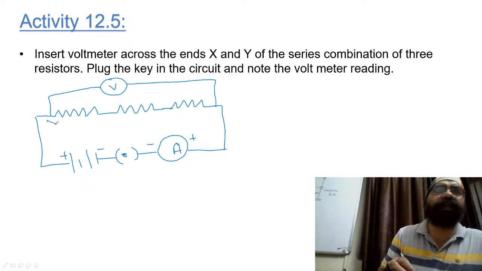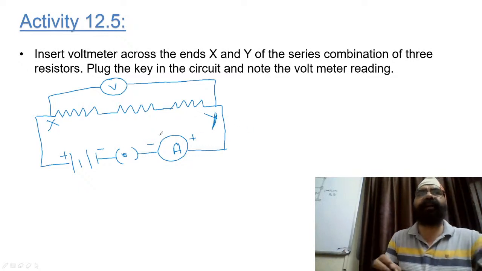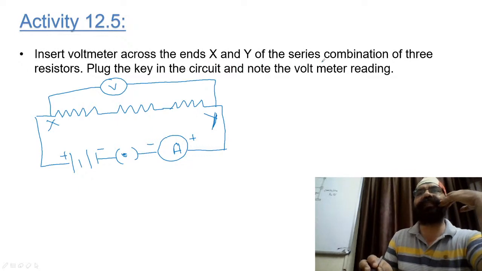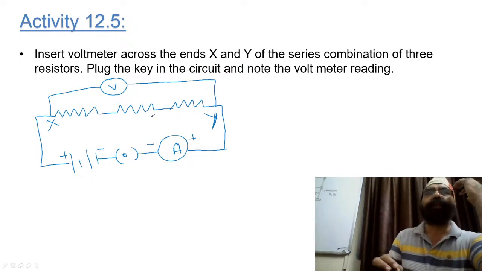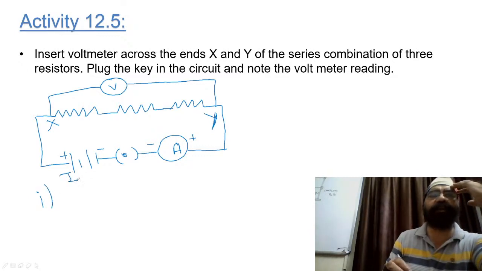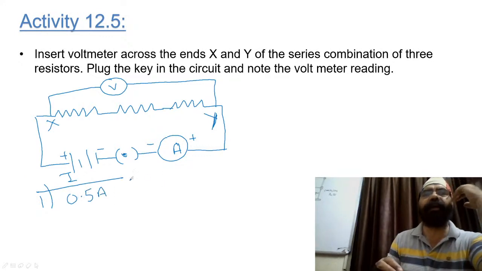Now this is X and this is Y. So I have connected a voltmeter across the ends XY of the series combination. Now what do I note? My first reading, the current was 0.5 amperes.